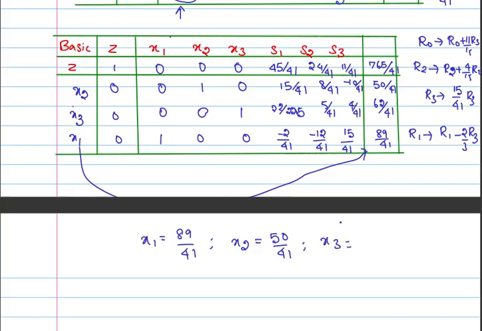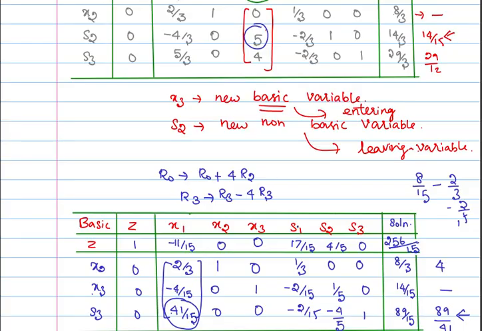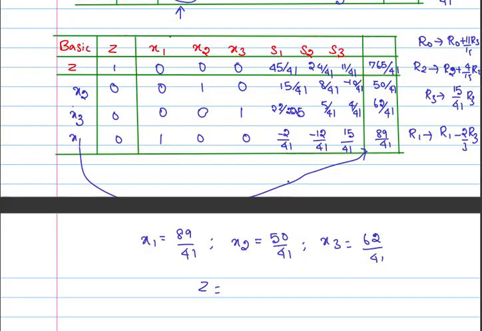X3 value is 62 divided by 41. You can apply these in our objective function and calculate the z value directly, or you directly write this one as 765 divided by 41. This is our optimal solution.